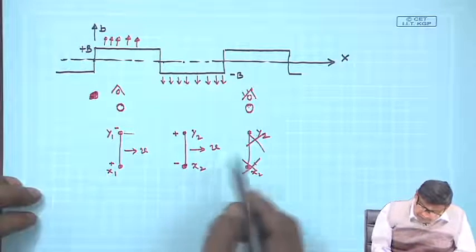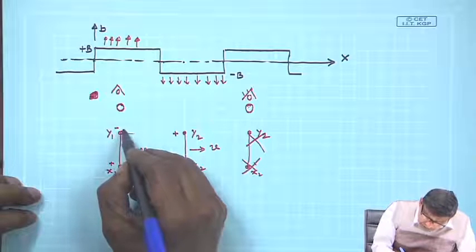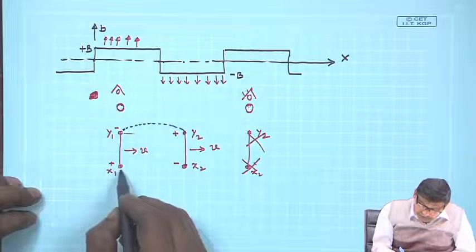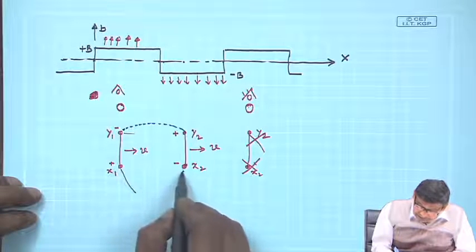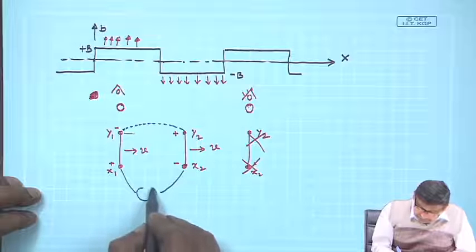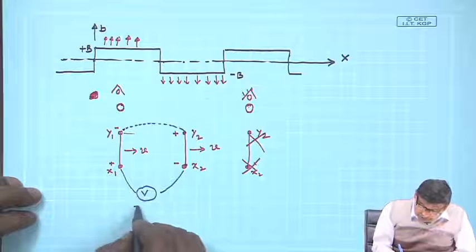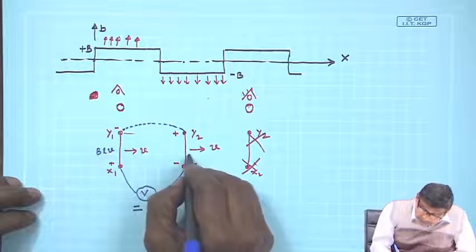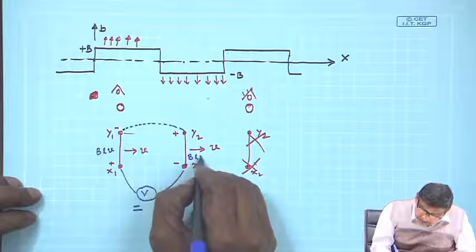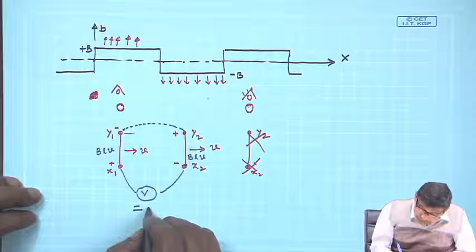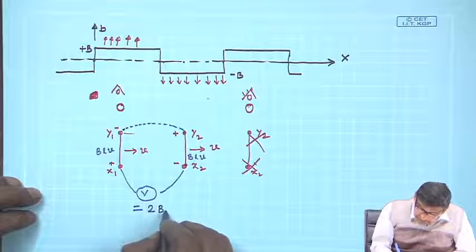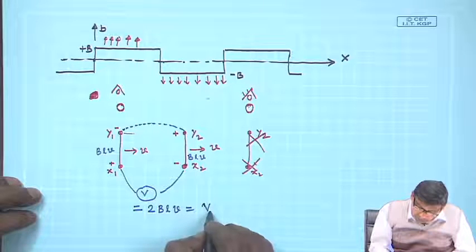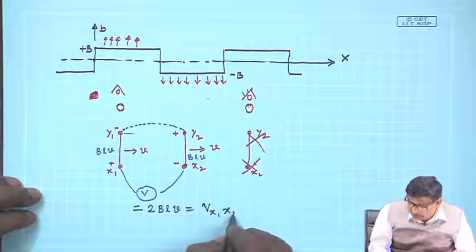If you now join these two points y1 and y2 and connect a voltmeter, this voltage will be BLV and this voltage is also BLV with this polarity, so it will be twice BLV, and this is the potential of x1 with respect to x2.